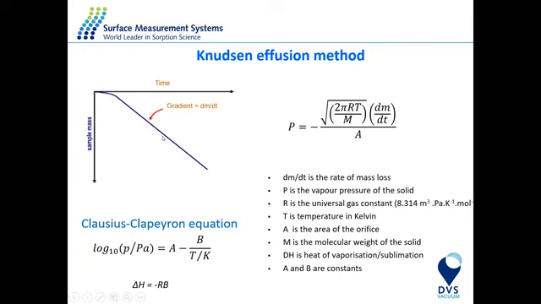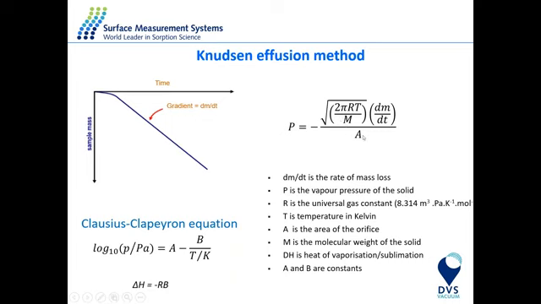Basically, in a closed environment, temperature defines your evaporation rate. And from this evaporation rate, which is expressed as the dm/dt value, we can calculate the vapor pressure using the classical Clapeyron equation. For calculation of vapor pressure, we're going to use this equation on the right. And for this, we need to have knowledge of the molecular weight of the sample. So this is very important.